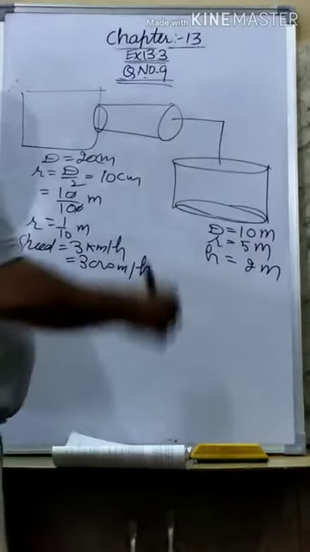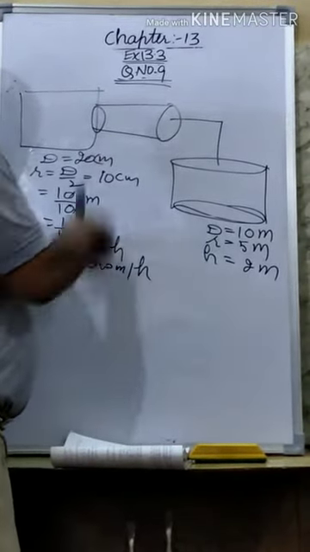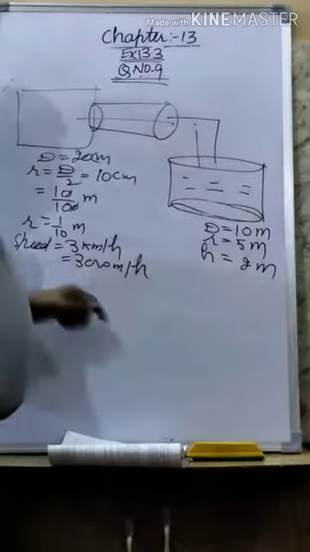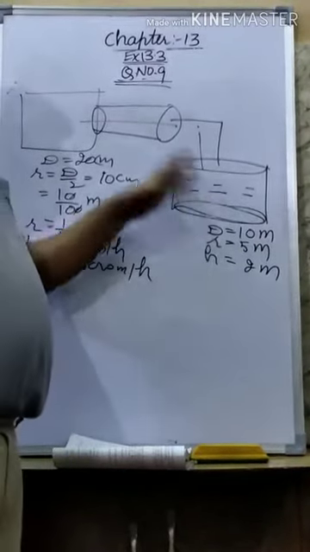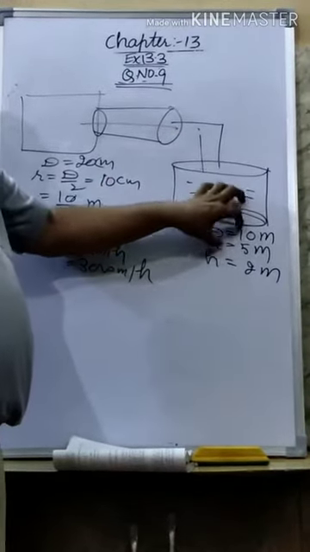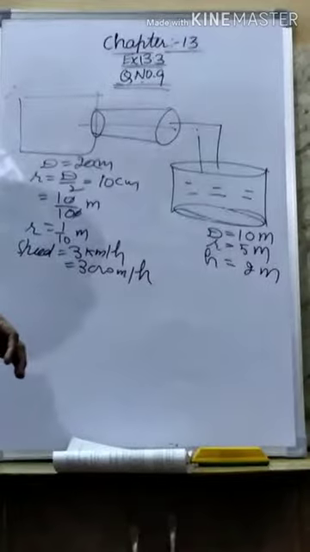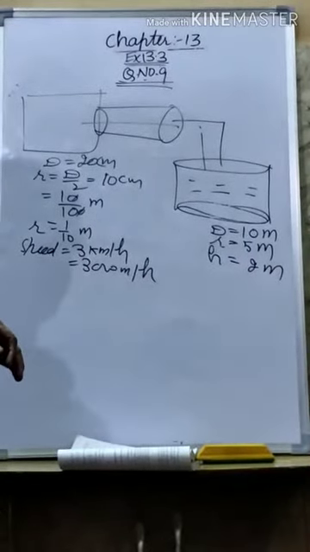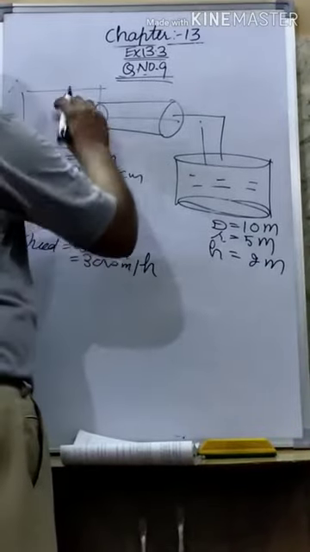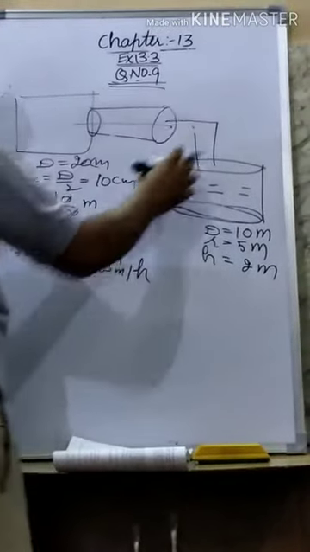Water coming from this pipe is collected in this tank, and we are asked in how much time this tank will be filled. So first of all, you find out the volume of water flowing out in 1 hour.